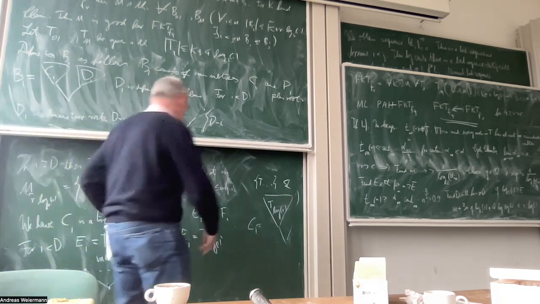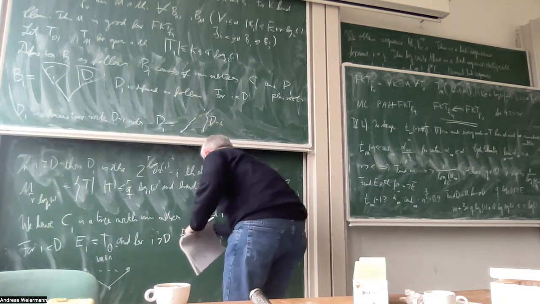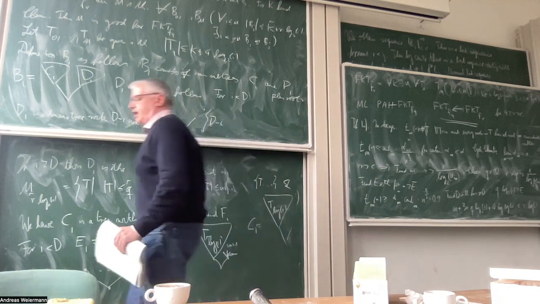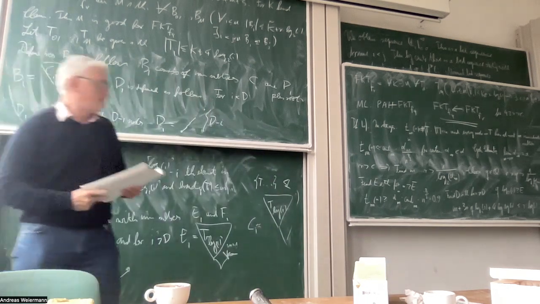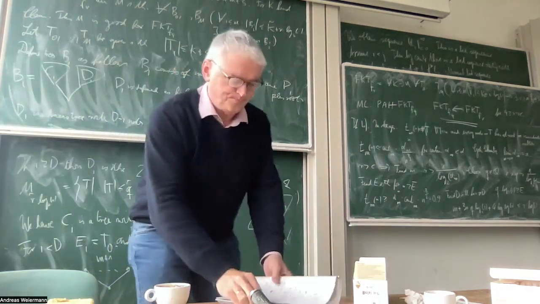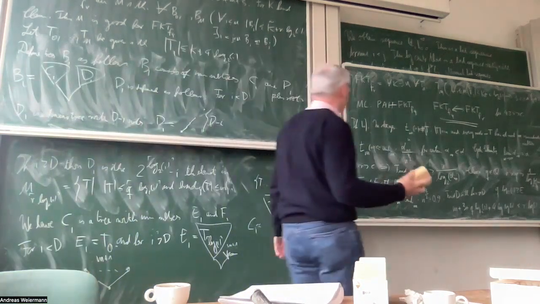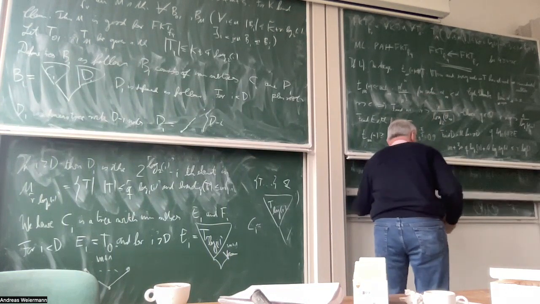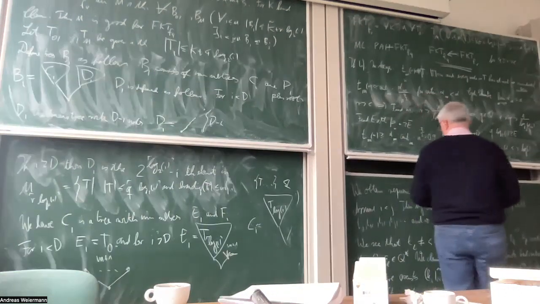So Pi has this form. Now, what is the general shape? Now we need a picture.